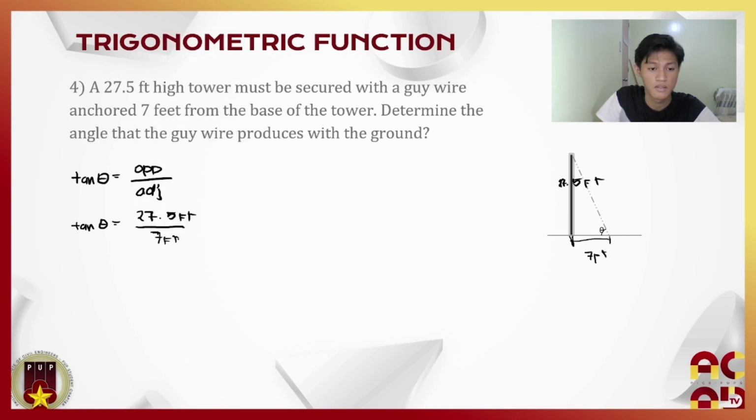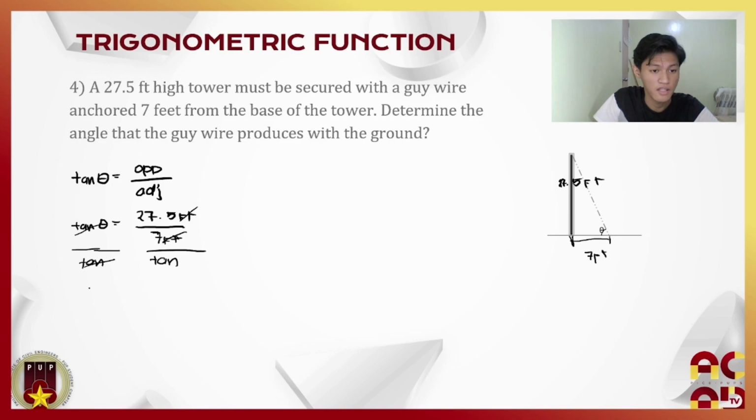Cancel yung feet na unit. Divide both side by tangent para ma-isolate si theta. So, parang meron tayong complex fraction dito. So, para ma-prevent natin yan, akyat natin yung tangent na function.